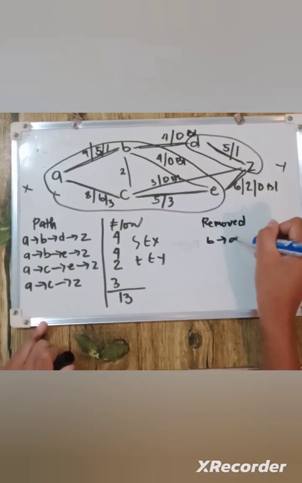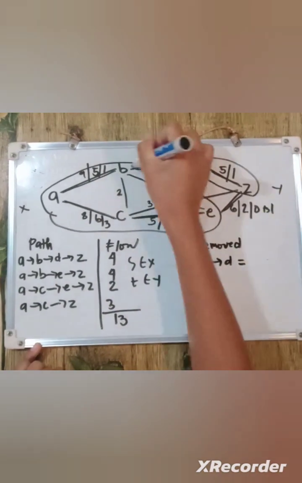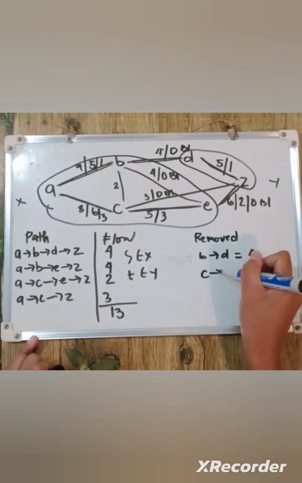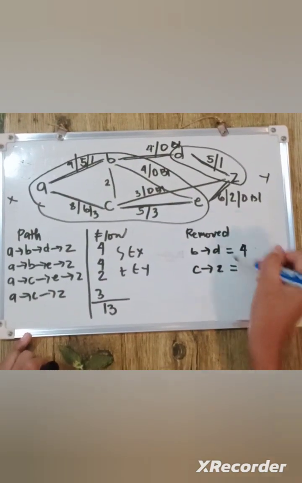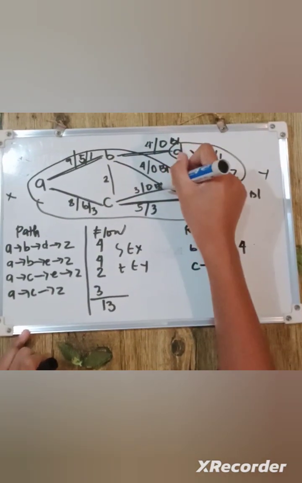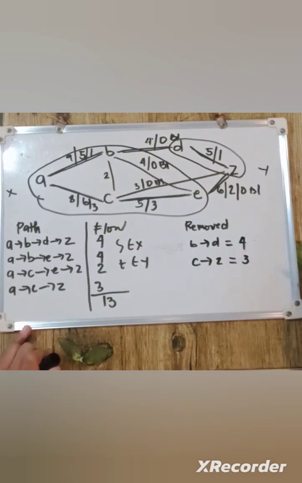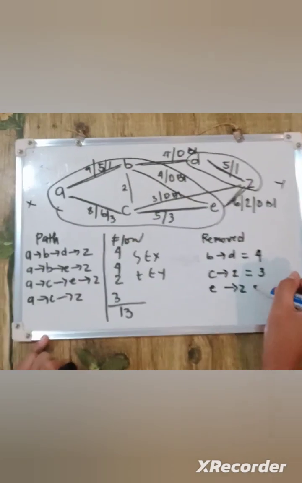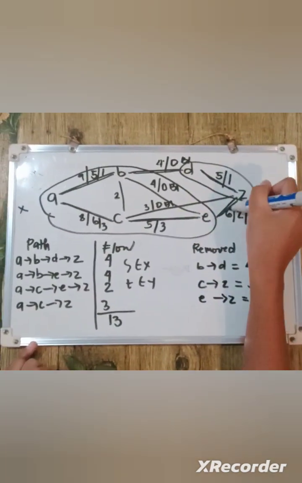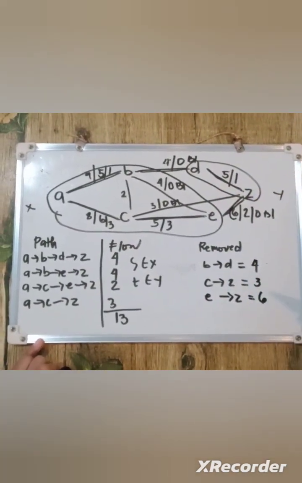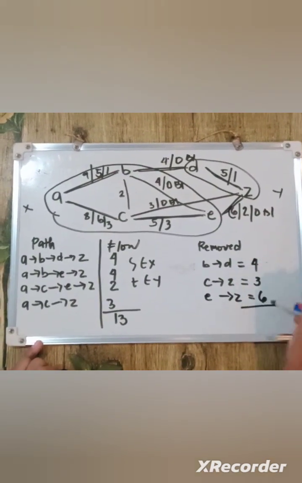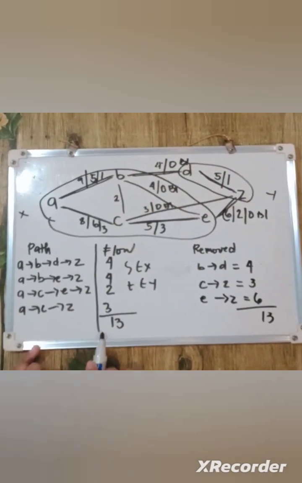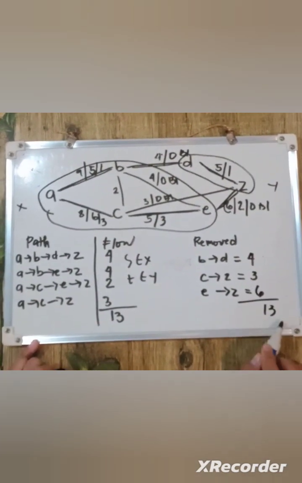We remove B to D, which is 4. Next, C to Z, we have 3. Okay, next, E to Z, we have 6. The total of 4 plus 3 plus 6 is equal to 13. So we can see that the maximum flow and the minimum cut are the same.